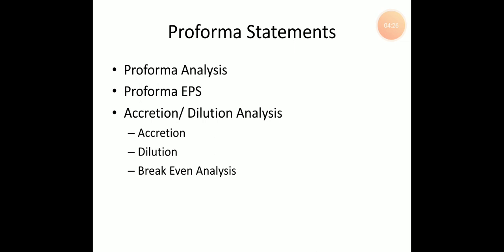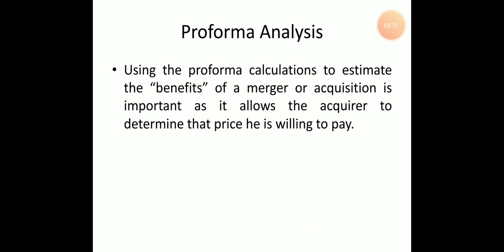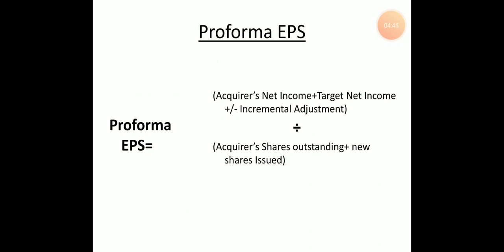So the next part is pro forma EPS. So first of all, pro forma analysis, using the pro forma calculations to estimate the benefits of the merger or acquisition, is important, as it allows the acquirer to determine the price it is willing to pay. So second is pro forma EPS. Before discussing this formula, we must know what a pro forma EPS is. Here we are calculating the EPS before and after the mergers and acquisitions.